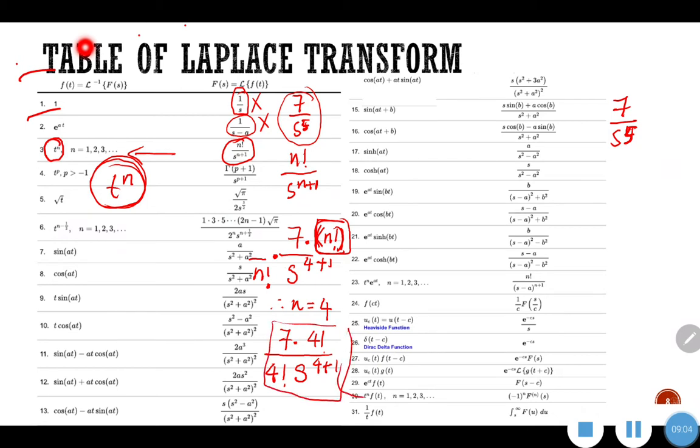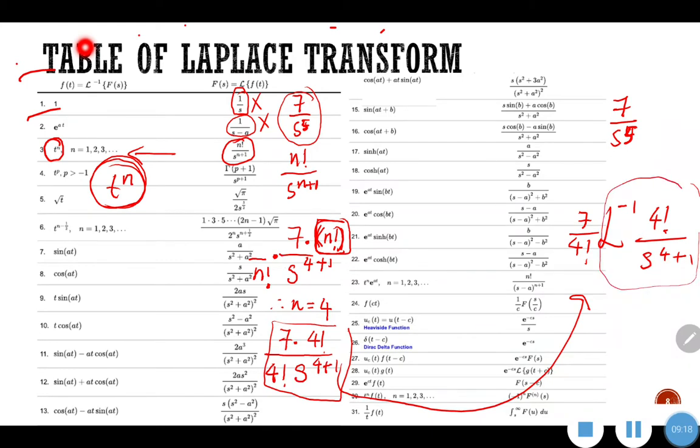So basically, yang ni saya letak macam ni 7 over 4 factorial. Then you find its inverse of 4 factorial over s 4 plus 1. So, yang ni barulah kita can say that our n is equals to 4, and this is equivalent to t to the power of 4.